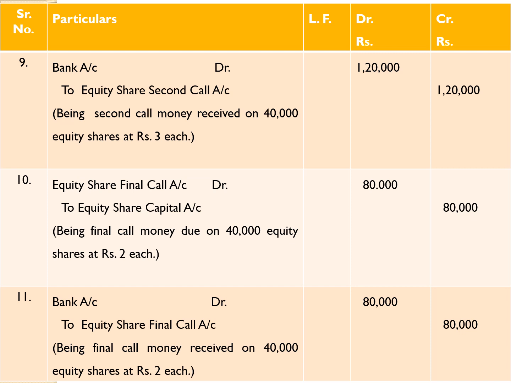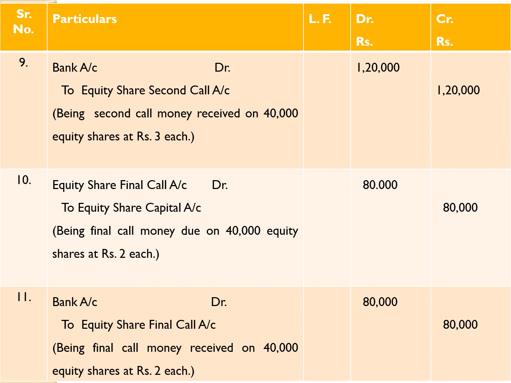And the last entry of this solution is final call money received. All shareholders have paid the final call. It means no failure is found in this problem from the side of shareholders, so all money is received on account of the final call.